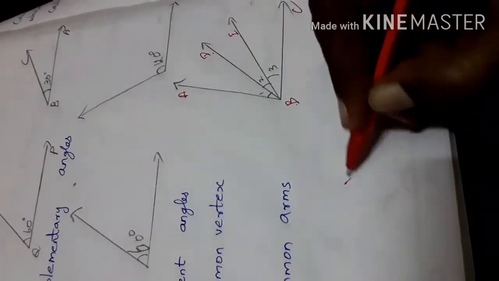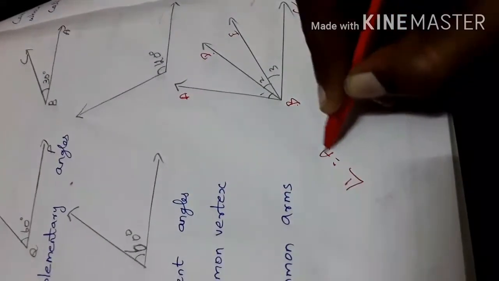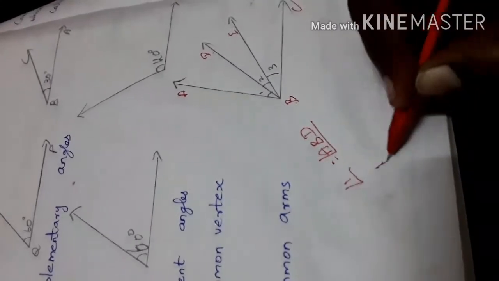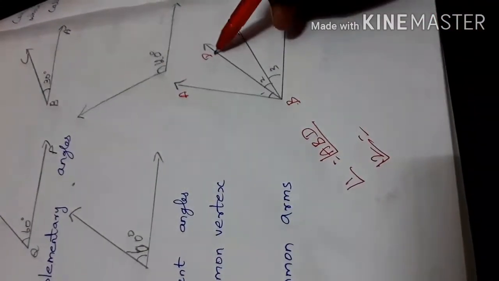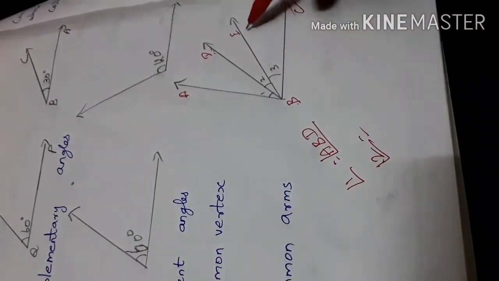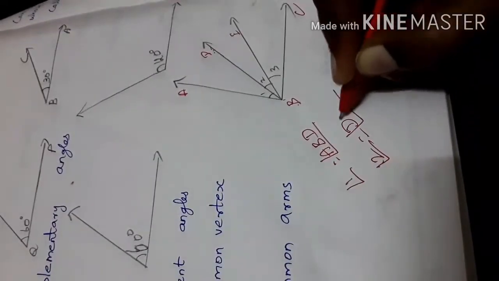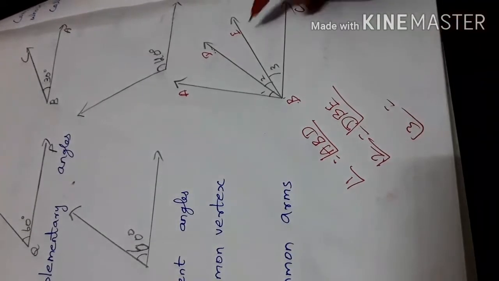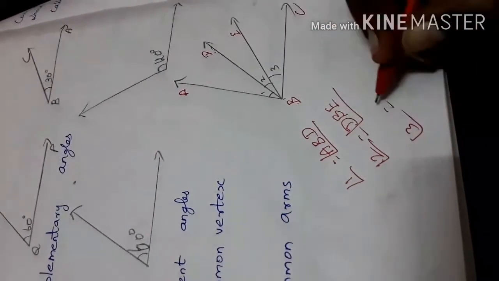Angle 1 is ABD. Angle 2 is DBE. Angle 3 is EBC.